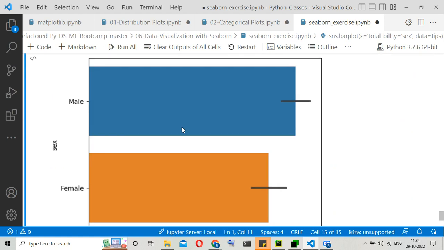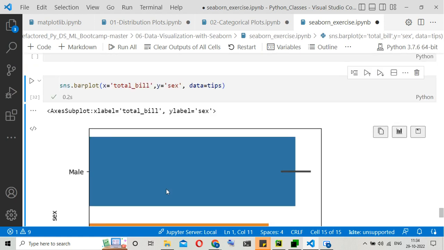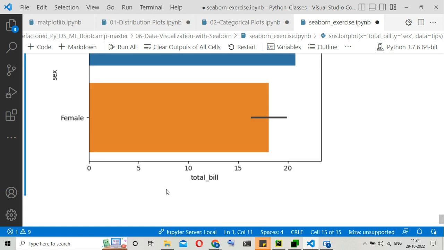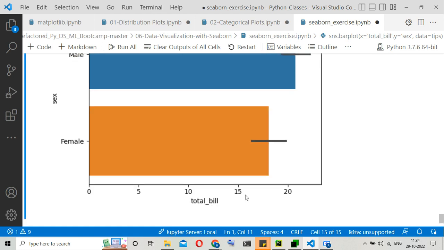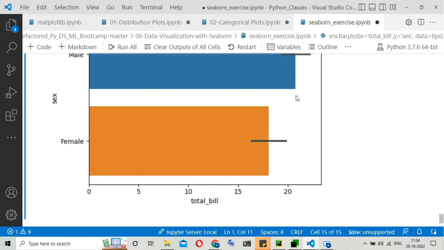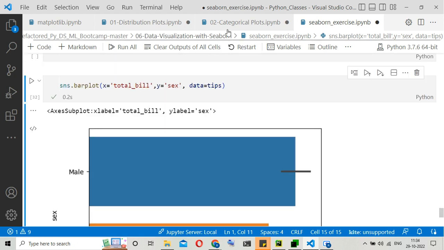Yeah, and you can see it's similar to matplotlib, and this is the total actually. I think, yeah, total female actually spend around $17, and males spend 21. That is the data we can get on the bar plot.